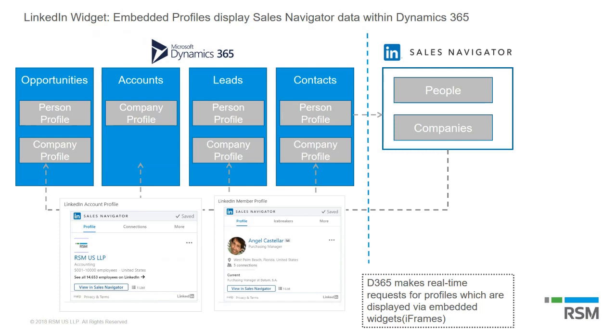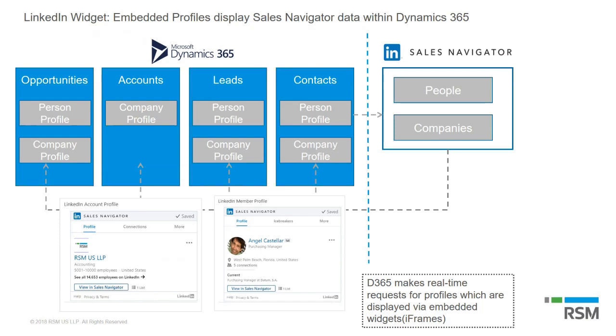So we're going to have the ability to use some of the LinkedIn functionality directly from Dynamics 365, such as the ability to send a message, or an email directly to a contact without having to navigate back to Sales Navigator, or the ability to send an introduction request to some of your connections, where you can see that you guys are connected to the same person.